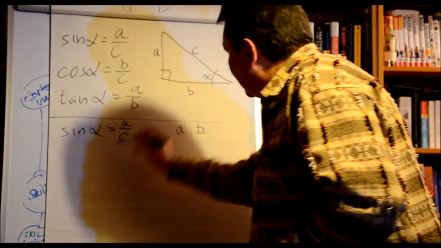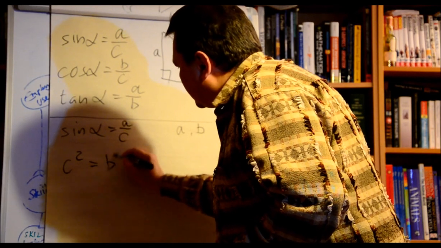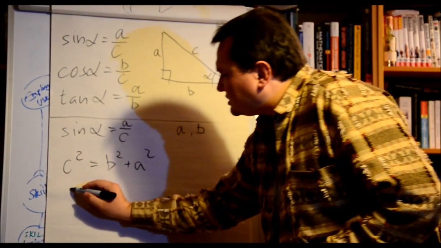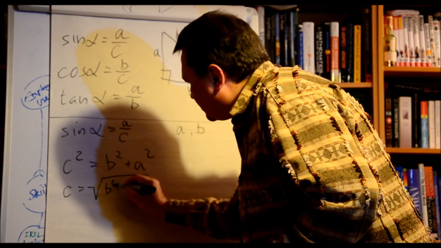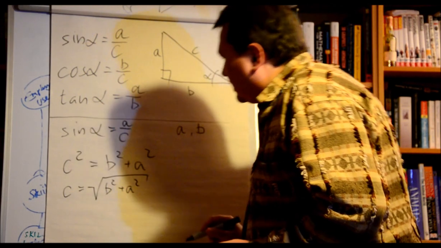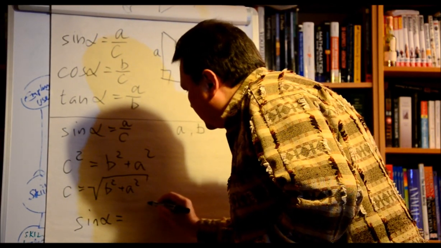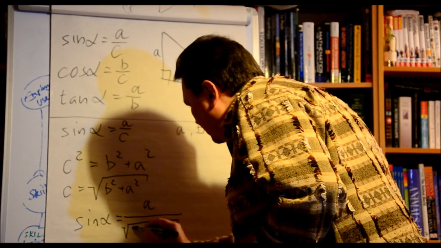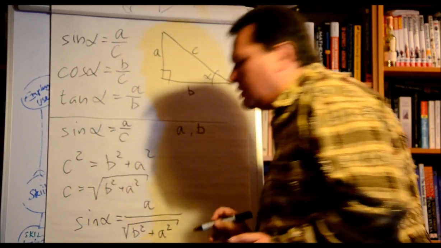So, from this triangle we get C square equals B square plus A square. Okay, so C is a square root of B square plus A square, and so our sine alpha becomes simply A divided by square root of B square plus A square.